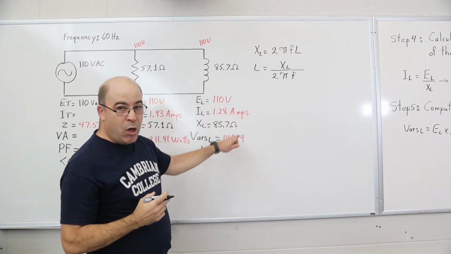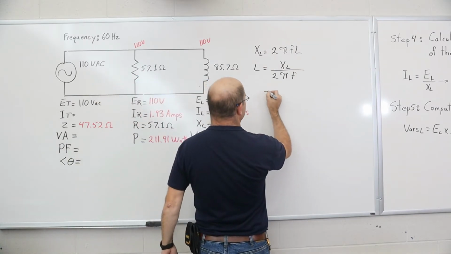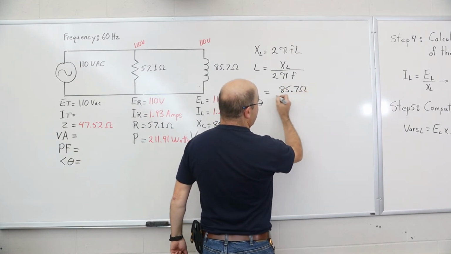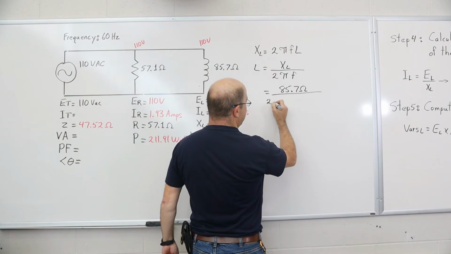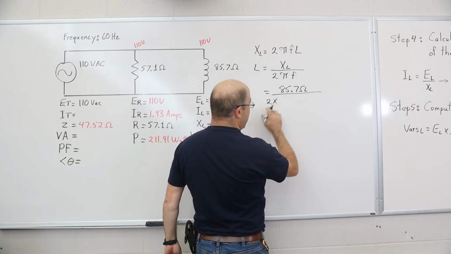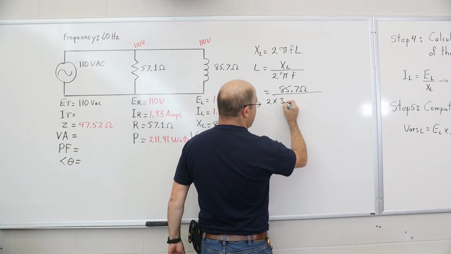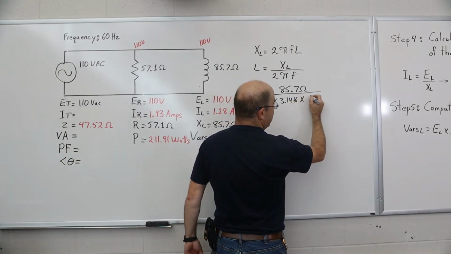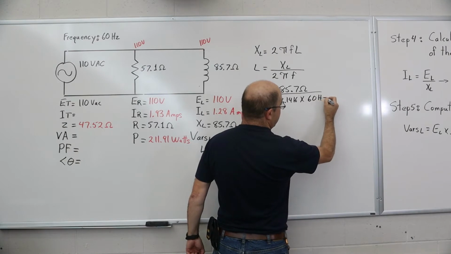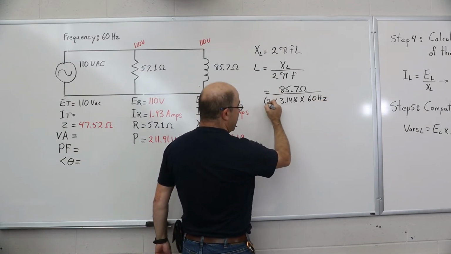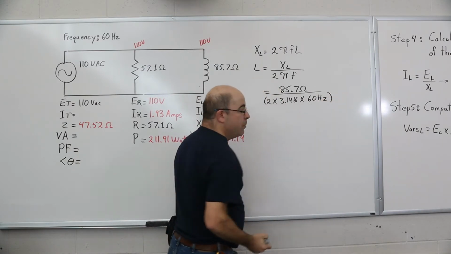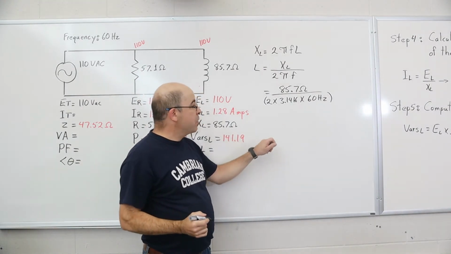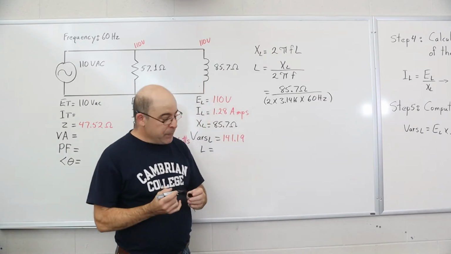So let's input our values. .7 ohms divided by 2 times 3.1416 times a frequency of 60 hertz. Now, don't forget, if you're attempting to put this into your calculator as a single equation, follow your PEDMAS rules and use brackets.